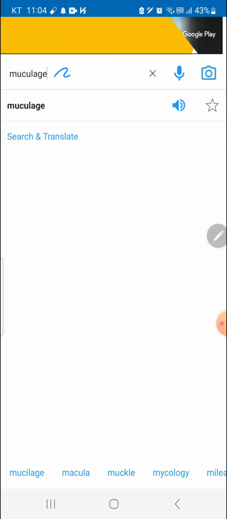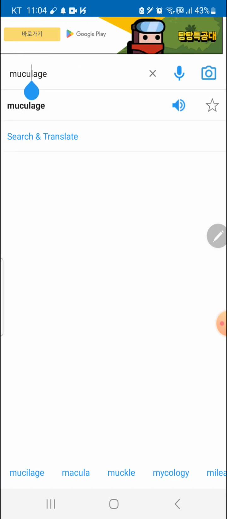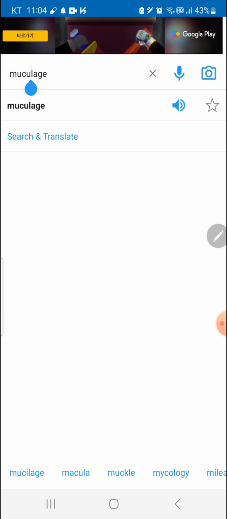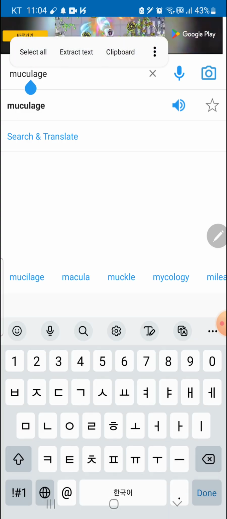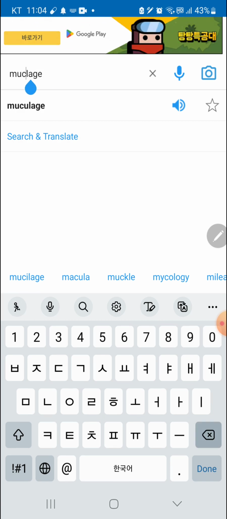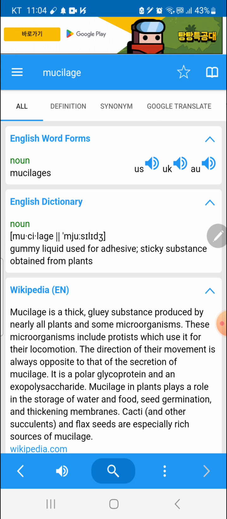Never encountered this word before, so it's more like a Creole language, maybe, right? Caribbean language. Mucilage. Mucilage. Gummy liquid used for adhesive.